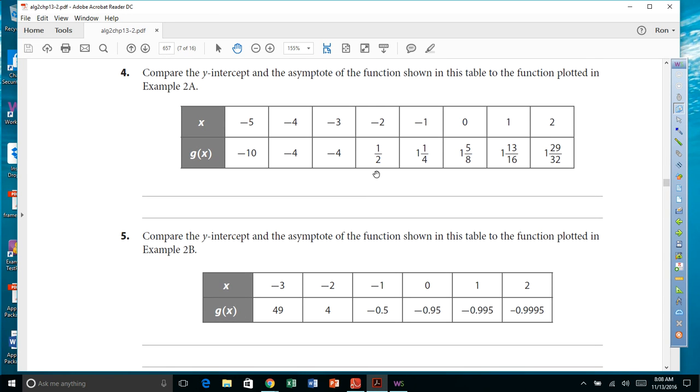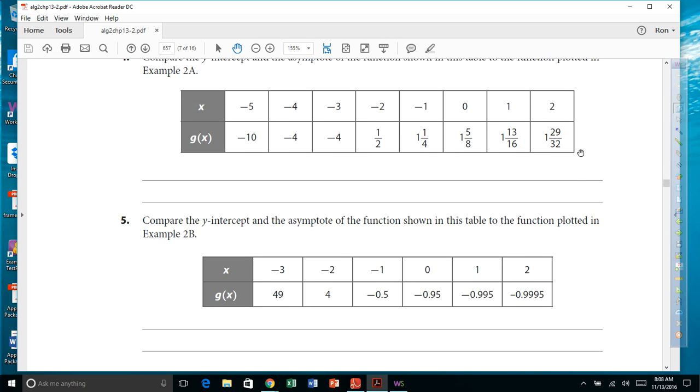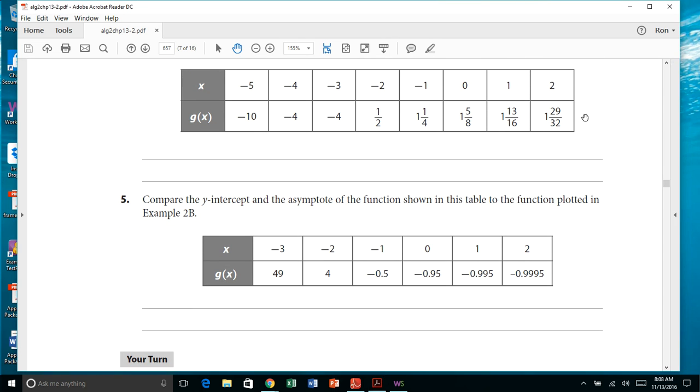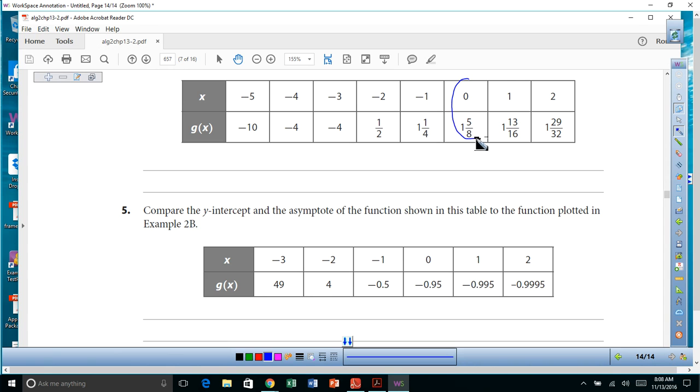Compare the y-intercept and asymptote of the function shown in this table to the function plotted in example 2a. So what can we, let's see. Okay. Notice the y-intercept. The y-intercept, it looks like it has gone from 3 5/8 to 1 5/8.